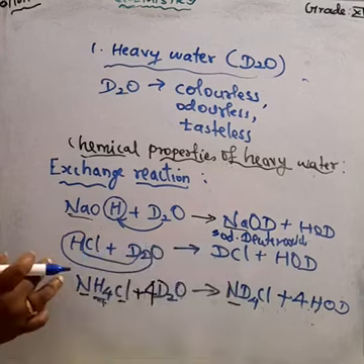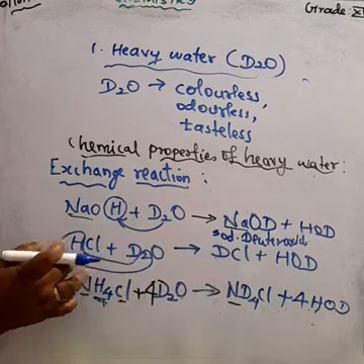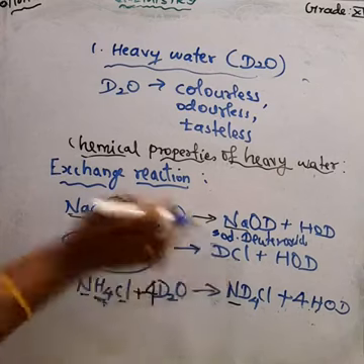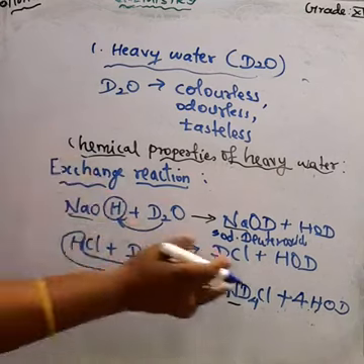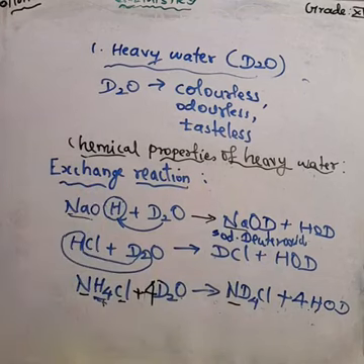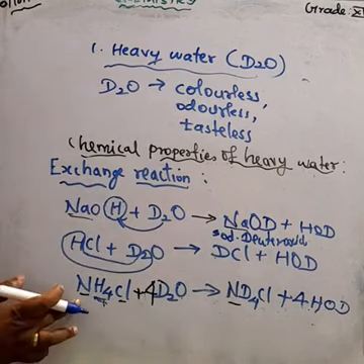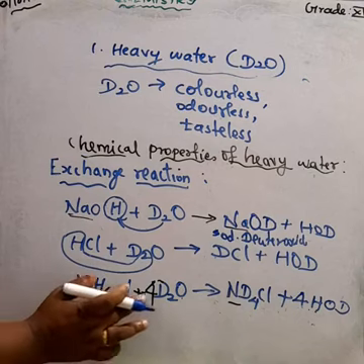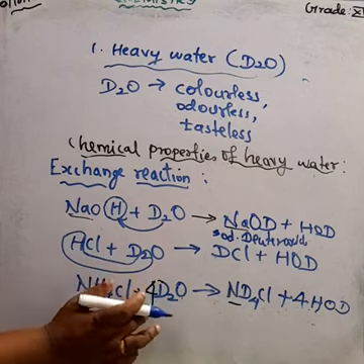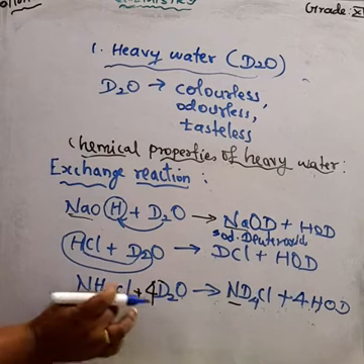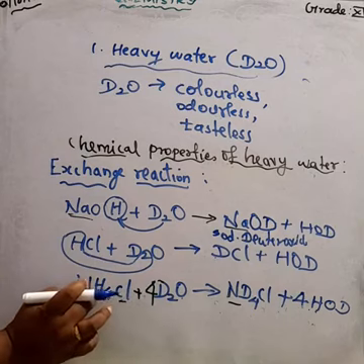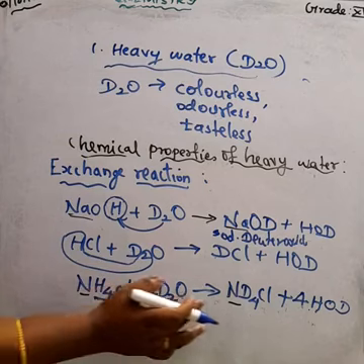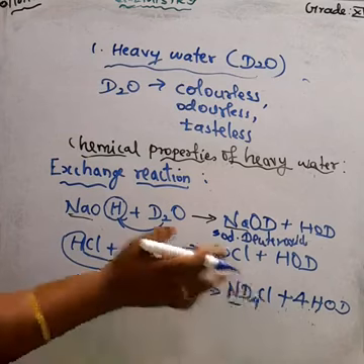The hydrogen in HCl is completely replaced by the deuterium from the deuterium oxide, and the remaining product is HOD. Another exchange reaction: NH4Cl, ammonium chloride, when treated with deuterium oxide, heavy water, the 4 hydrogen atoms present in the ammonium chloride are replaced by 4 deuterium atoms. So ND4Cl, what is the name of this compound?